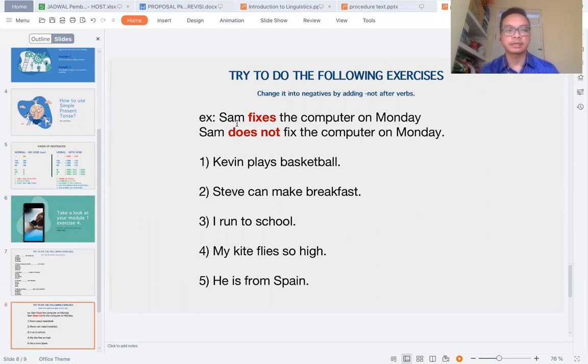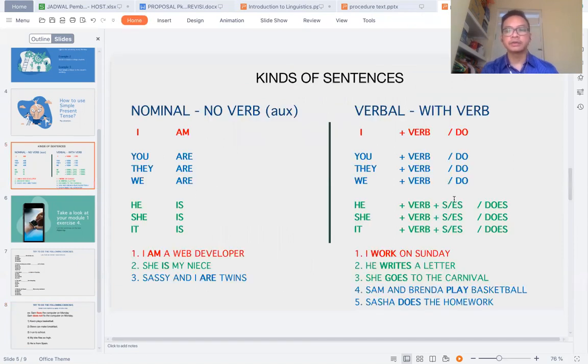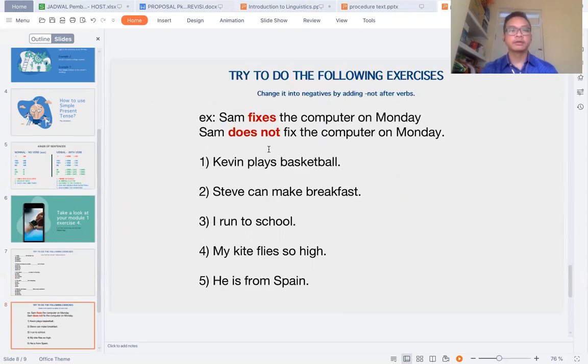Ya, lihat saja ke contohnya. Sam fixes the computer on Monday. Karena ini kalimat verbal, ya. Kalimat verbal tahu dari mana? Ada ini, fixes, membenahi. Gantinya gimana? Sam does not fix. Kenapa kok ditambahi does not, Pak? Karena jika verbal itu tidak boleh dalam konteks negatif ya.